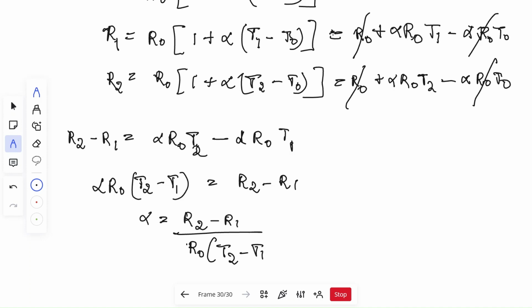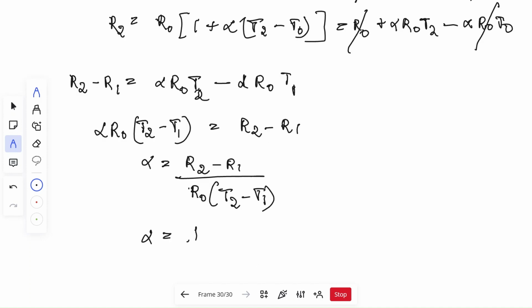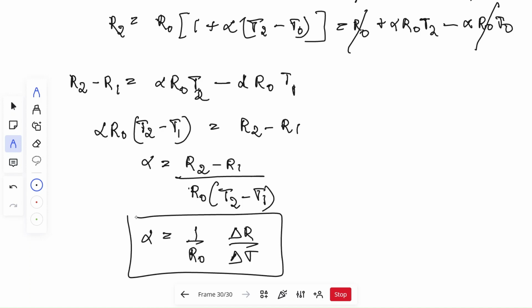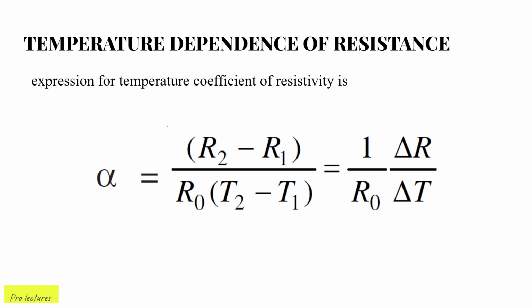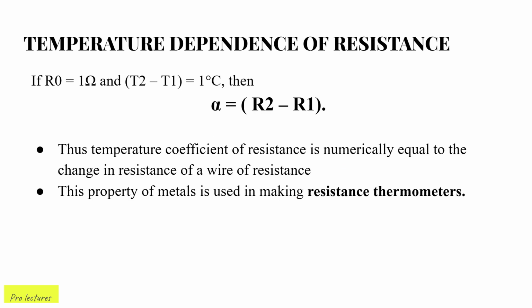So, the expression for temperature coefficient of resistivity alpha is equal to 1 by R naught into del R by del T. Let's say you have a conductor with resistance of 1 ohm at 0 degrees Celsius. If the temperature increases by 1 degree, then the temperature coefficient of resistivity alpha is equal to R2 minus R1.